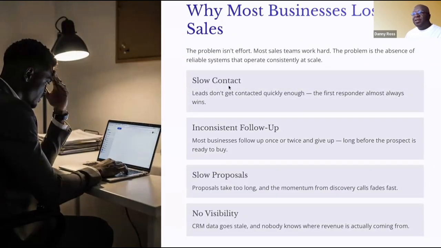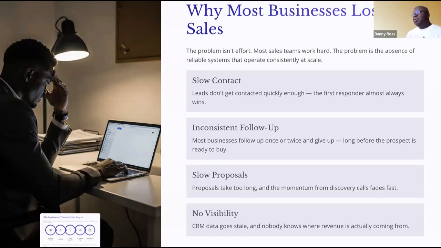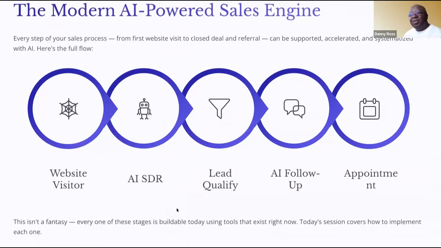Again, slow contact, the leads don't get followed up on fast enough, inconsistent follow-up, slow proposal systems, and then no visibility depending on the CRM system or the customer management system that you're using. Do you have one? Are you using spreadsheets? How are you tracking your customers? Things like that. If you need some ideas on CRM systems, there's a ton of them. There's no right or wrong way to do this, so we're happy to help you with that.